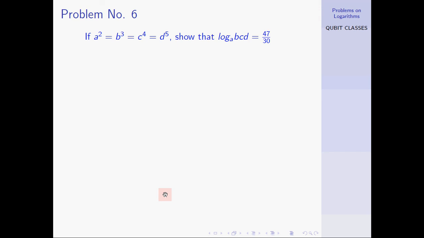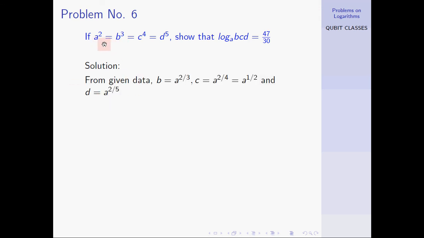If a squared is equal to b cube equal to c raised to 4 equal to d raised to 5, show that log of b into c into d to the base a is equal to 47 upon 30. Now, the problem will become simpler if we somehow manage to write b, c, and d in terms of a using the data given in the problem.